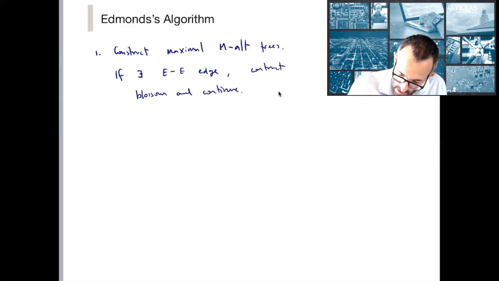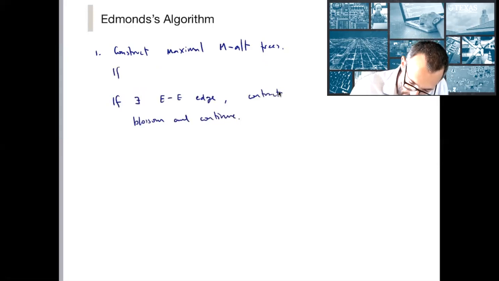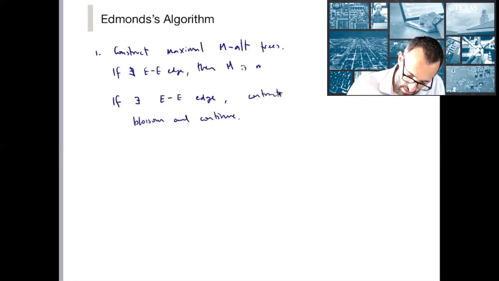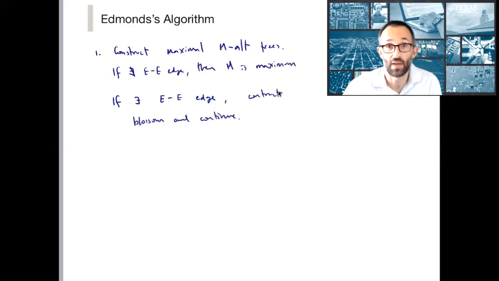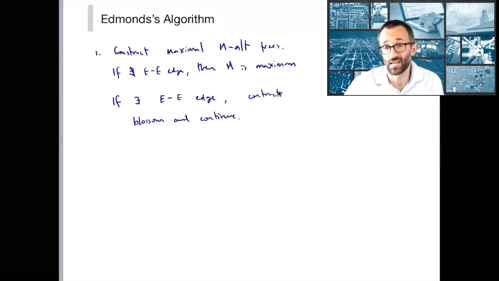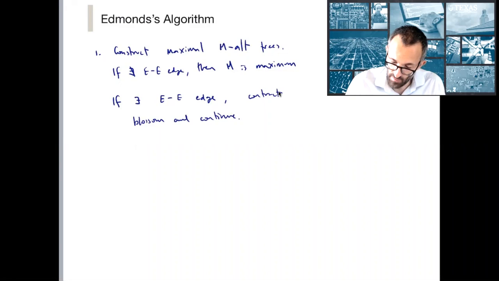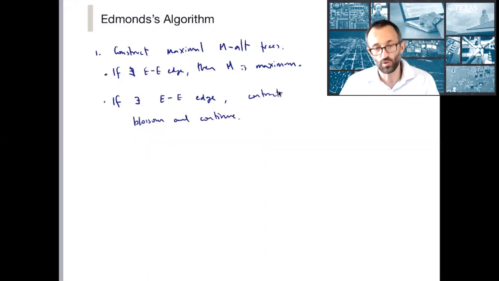And actually, I should have written that if there does not exist an even to even edge, then M is maximum by the lemma that we stated and proved in the previous lecture. So if there does exist an even to even edge, then we contract the blossom and we continue.